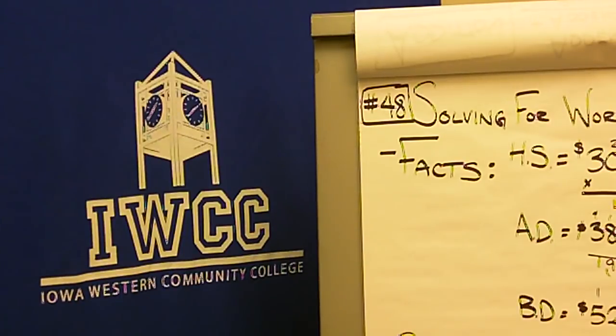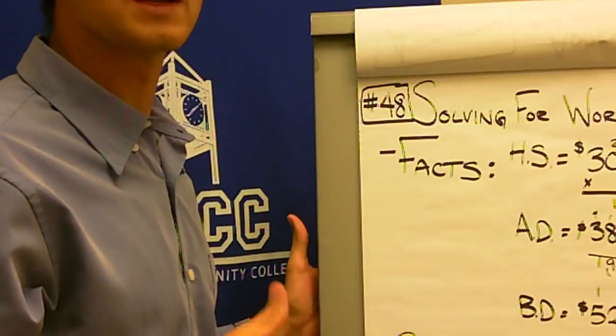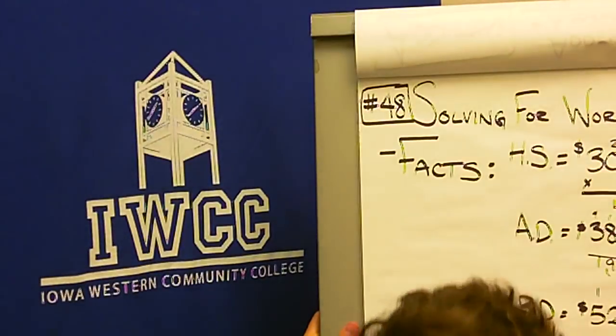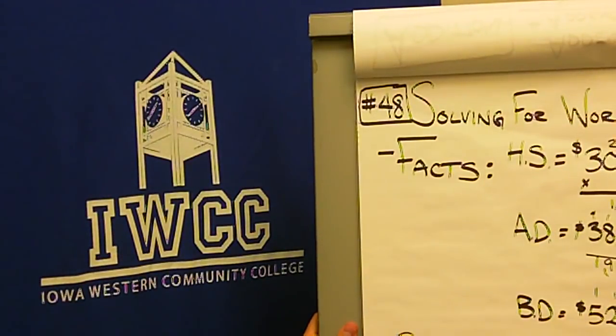And then it asked us to figure out the difference between a bachelor degree and a high school graduate, and the difference between an associate's degree and a high school graduate. So what do we need to do? What is the difference? We need to do subtraction. For each one, we're just going to subtract the amount that the high school graduate made, using simple subtraction. Carry 9, 0, 1.